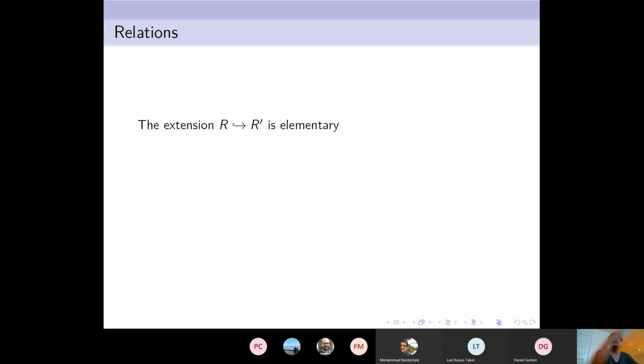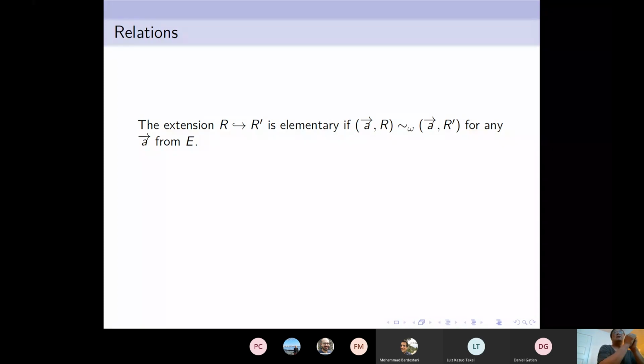So the extension R to R prime is elementary if, for A belonging to the universe of R, certainly A also belongs to the universe of R prime, because it is an extension. And if this identity map from A to A induces an elementary isomorphism, for any A from E, then we say the extension is elementary.